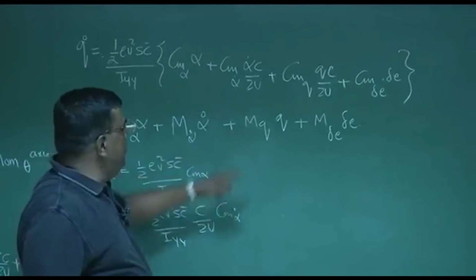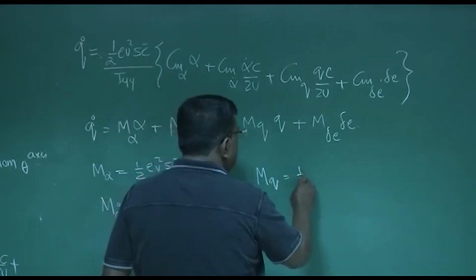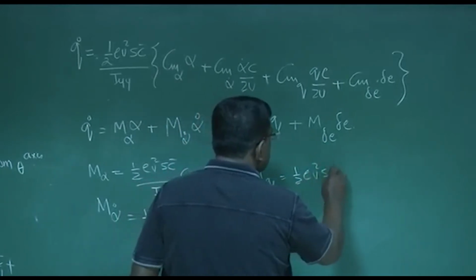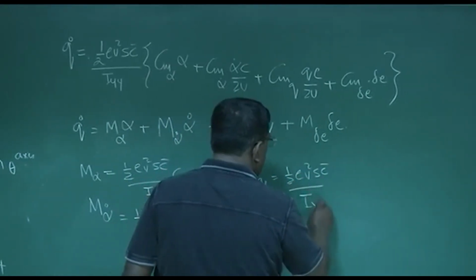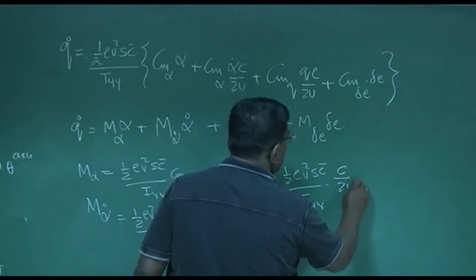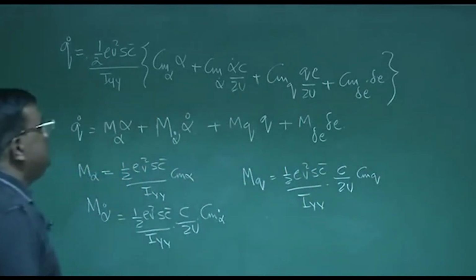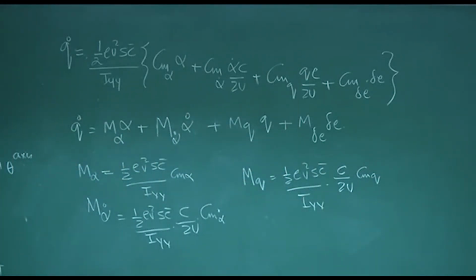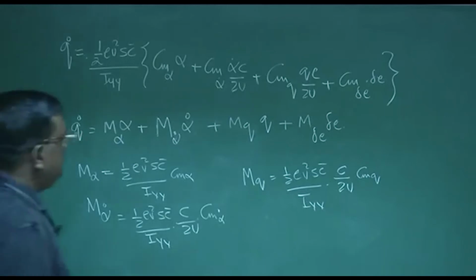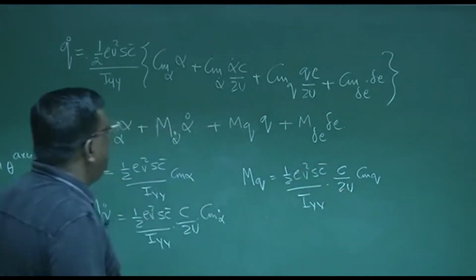So what is mq then? Mq is, again, half rho v square S c bar by Iyy into c by 2u into Cmq. Correct? You can simplify this by doing some algebraic operation. The v square and v are there, so it becomes 1 by v. That I leave it to you.